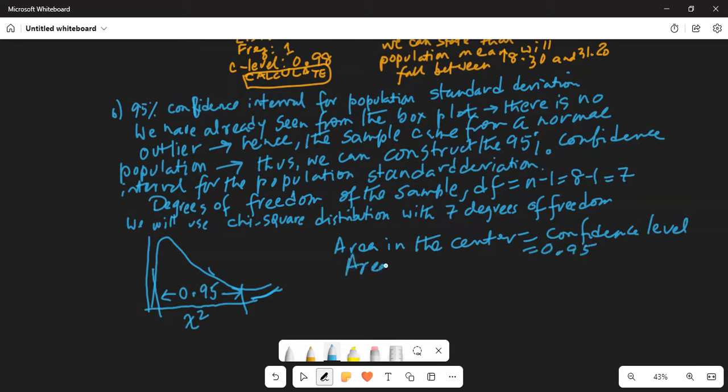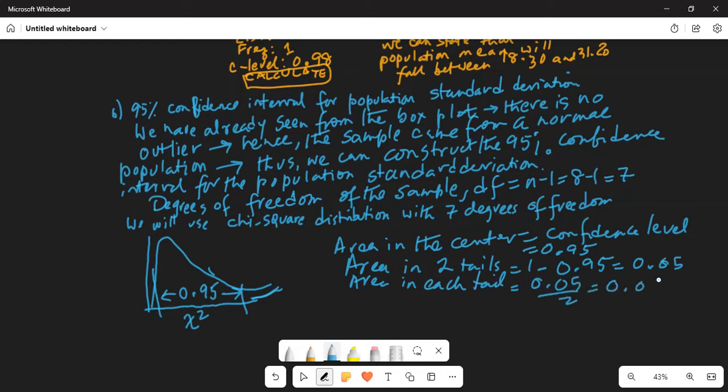Area in two tails is 1 minus 0.95, because the total area under the curve is 1, from which you subtract the area in the center, leaving 0.05. So area in each tail is 0.05 divided by 2, which is 0.025.